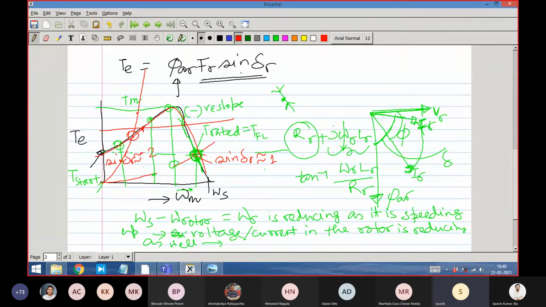What is happening here? Torque developed is less than the load torque, so it is coming back. Load torque is more, so it is bringing it back, and even this is a stable point.